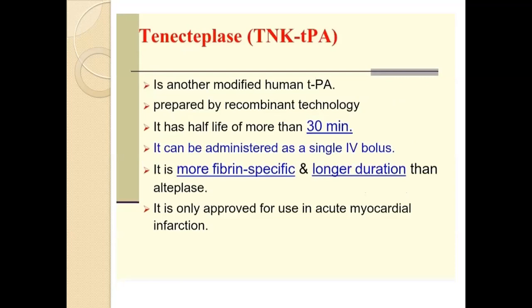Tenecteplase. It is another modified human tissue plasminogen activator, prepared by recombinant technology. It has a half-life of more than 30 minutes. It can be administered as a single IV bolus.